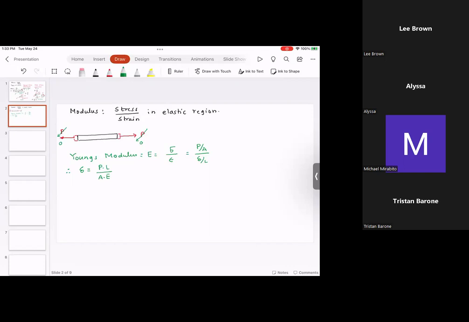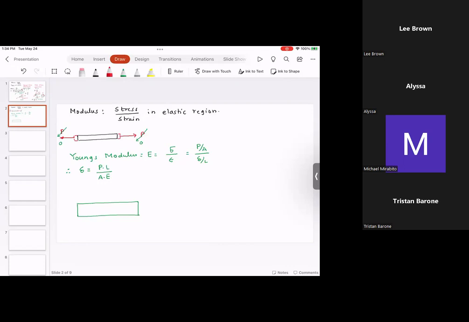Now something else happens. If you think about this rod, the mass of the rod is not changing. It's constant.